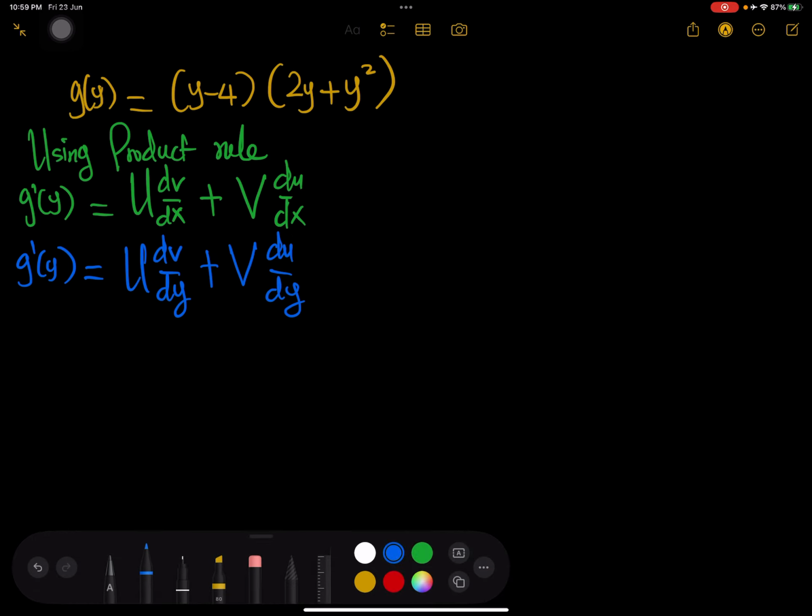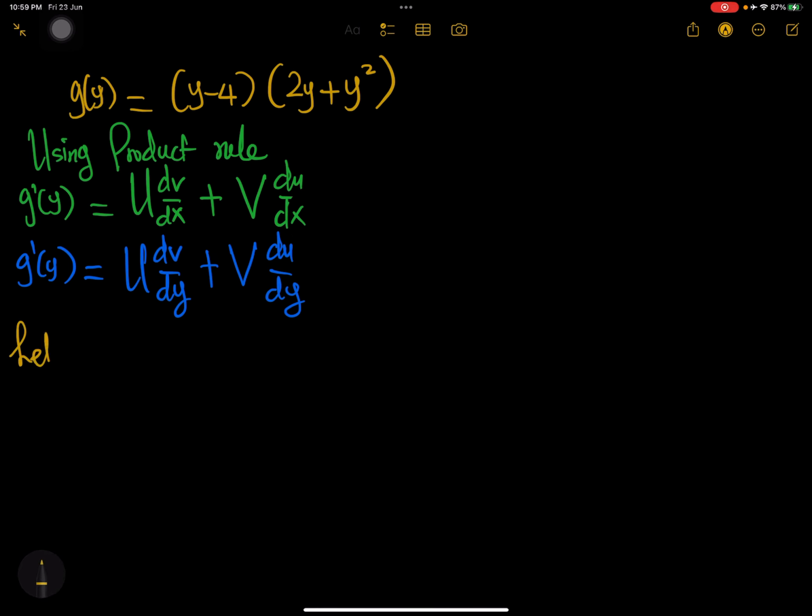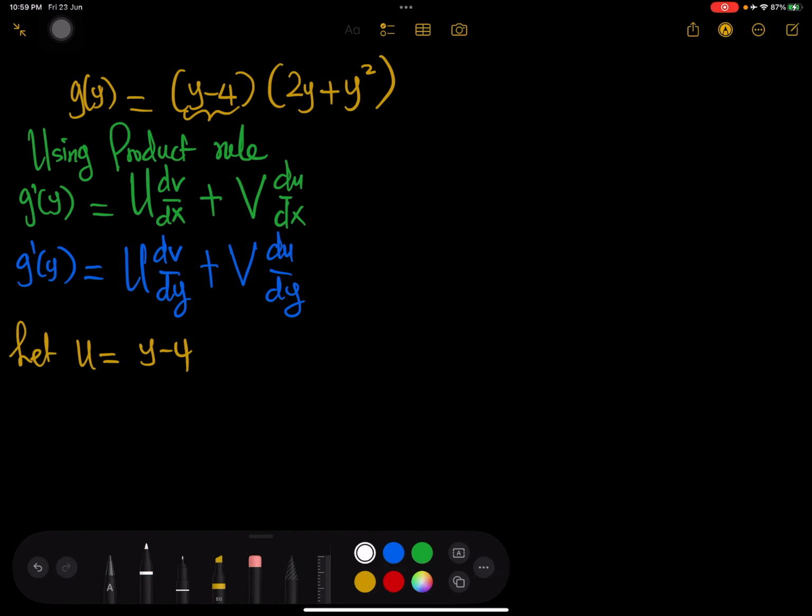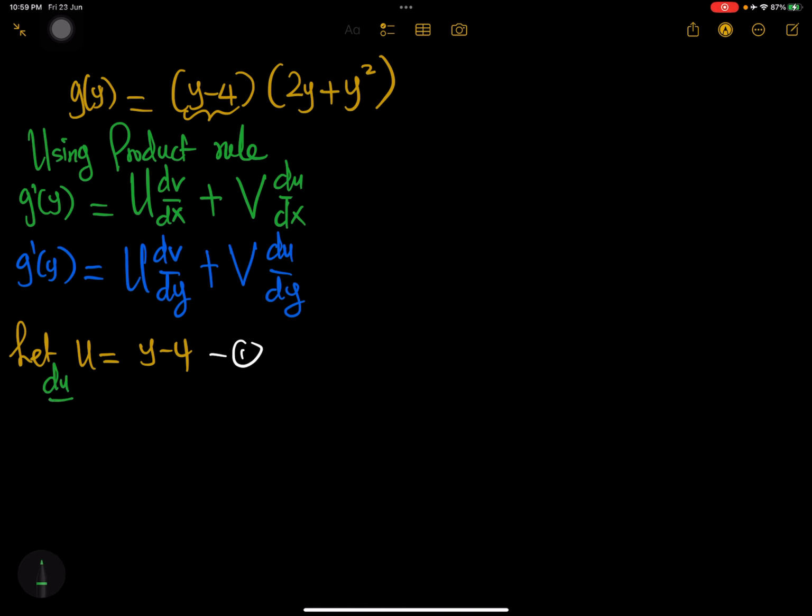First thing we're going to do, we're going to let our u be equal to y minus 4. The moment we do that, we have this as our equation 1. Then we differentiate that and we get du dy. Why dy? Because we are differentiating the expression in y, and that's going to give us 1.